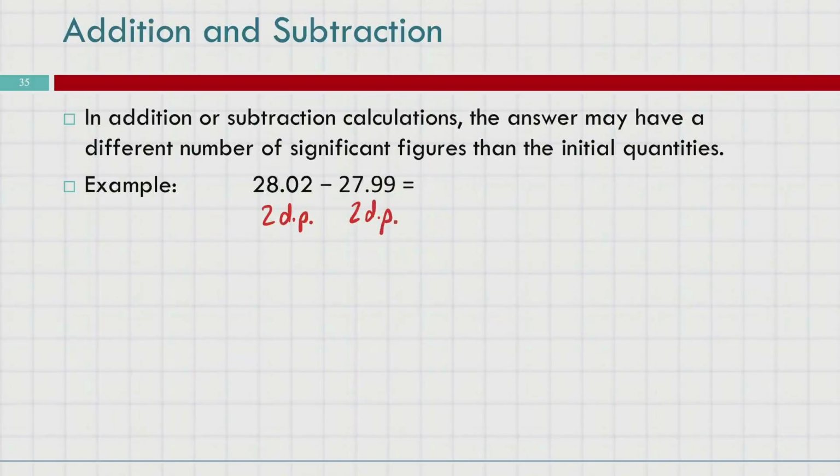These both have 2 numbers after the decimal, so we are also going to have 2 numbers after the decimal for our answer. And the number that we would get out is 0.03. And suddenly all of our beautiful, big, precious significant figures have disappeared, and we only have 1 significant figure. That happens from time to time.